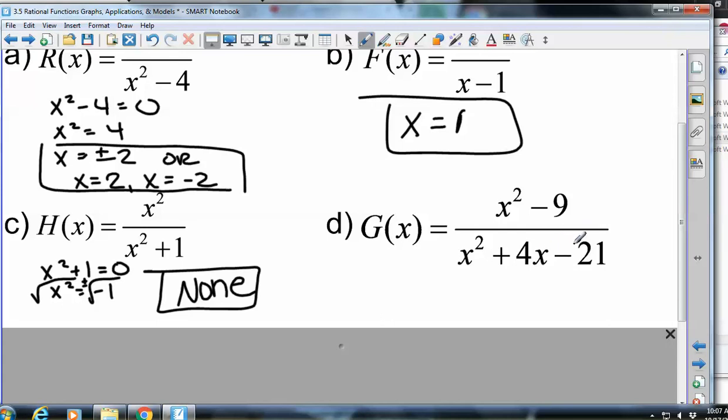D, what would I need to do on the bottom? What multiplies to negative 21 and adds to positive 4? So what are your asymptotes?